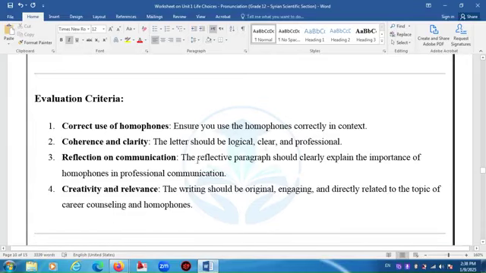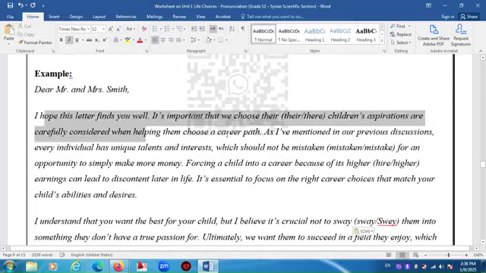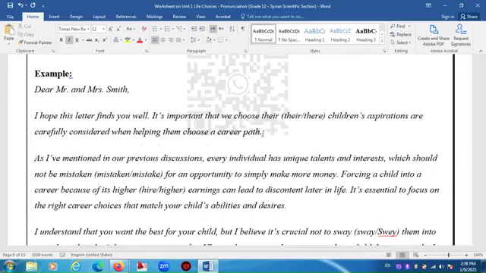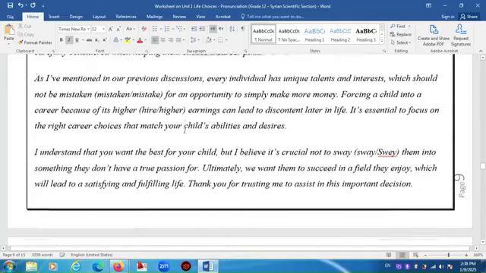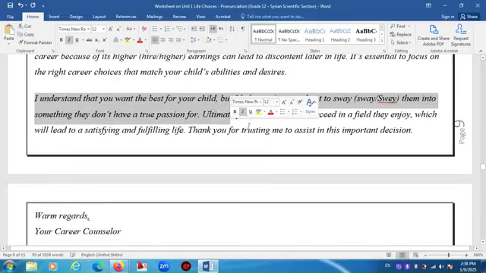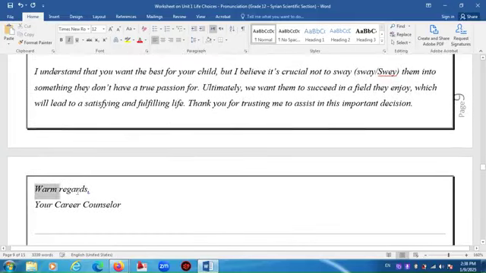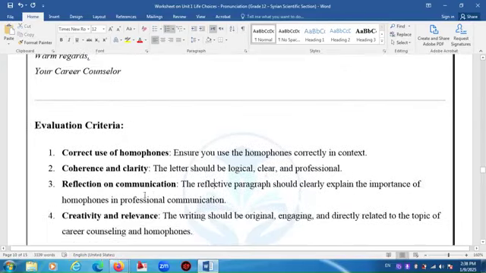I did it. Do you have a cohesion or a clarity in the letter? I have a logically clear professional way of writing. I started with introduction. I set the purpose of my writing in the introduction, and then I moved into explaining the importance of the child's career choice, and then I put a reflection on why you have to do this, and then I ended my letter, and then I signed out or I use my signature.